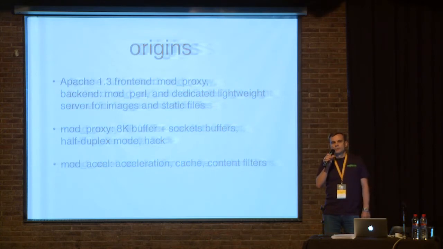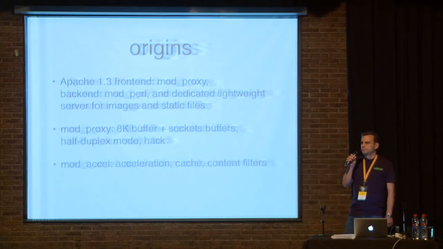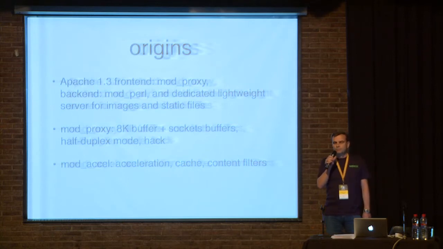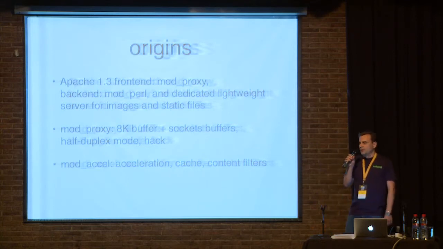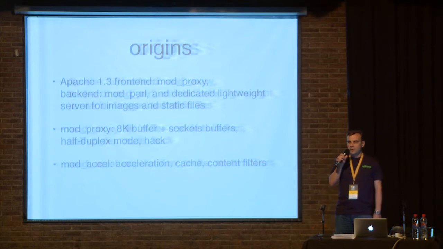One day, one of our developers told me that he suspects that mod_proxy doesn't really accelerate the backend, and asked me to look into this issue. I investigated and found that mod_proxy used just small 8 kilobyte buffers, and all buffering was really done by kernel socket buffers.